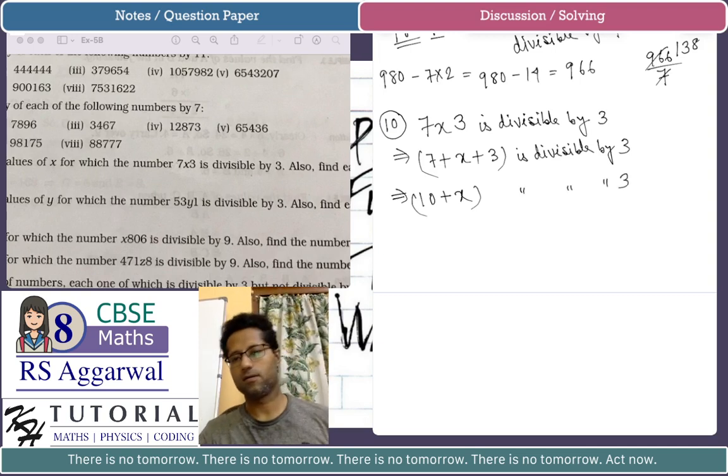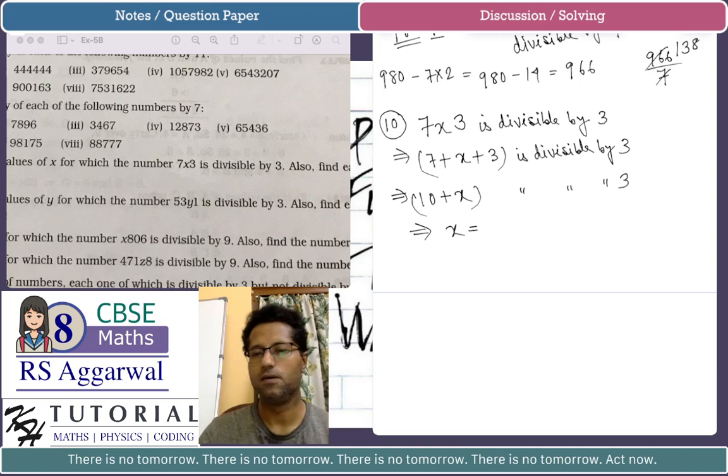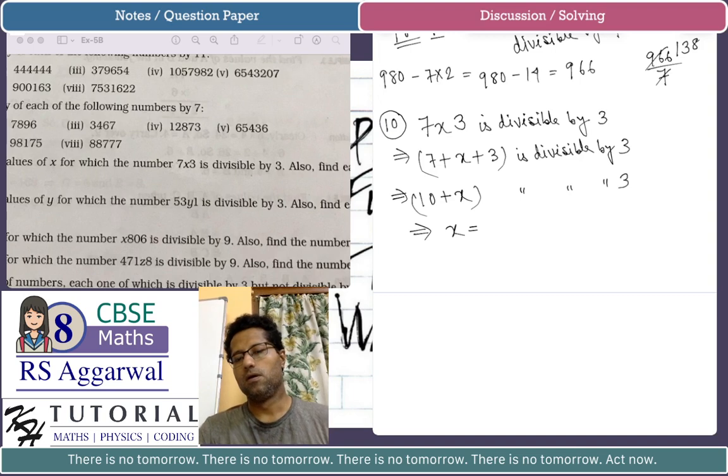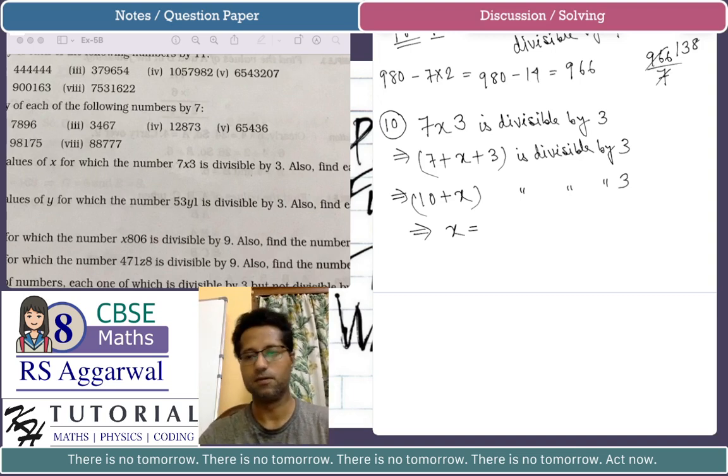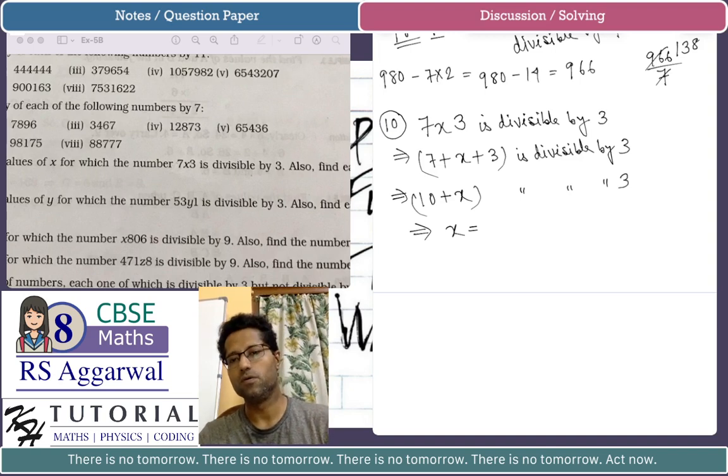Now what can the values of x be such that 10 plus x is divisible by 3? x is a digit, so it will be from 0 to 9. What is the next number after 10 that is divisible by 3? That is 12. So if 10 plus x has to be 12, x will be 2.